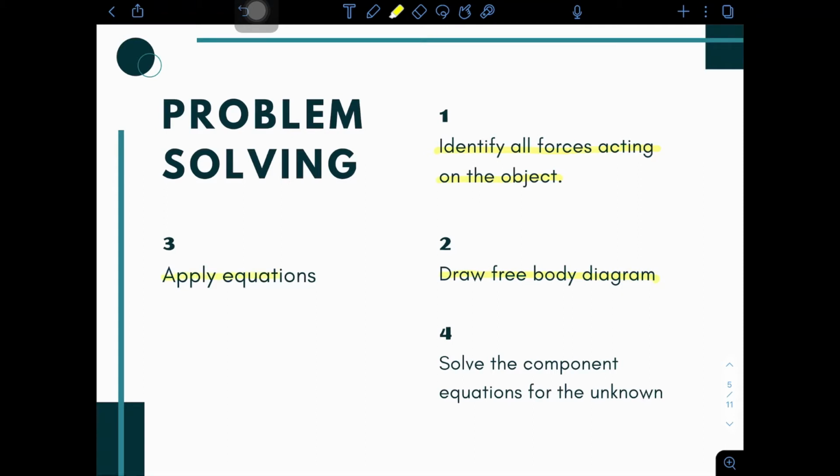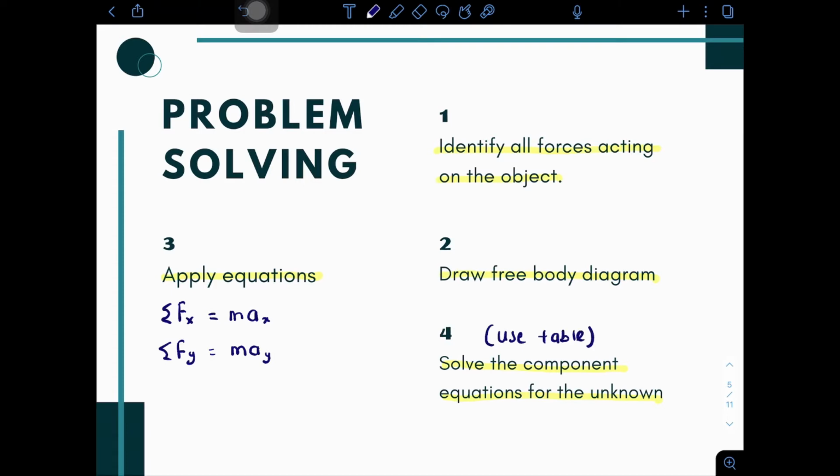Third, you have to apply equations: total Fx equals max and total Fy equals may. These are equations from Newton's second law. Fourth, you have to solve the component equations for the unknown. Make sure you use a table.